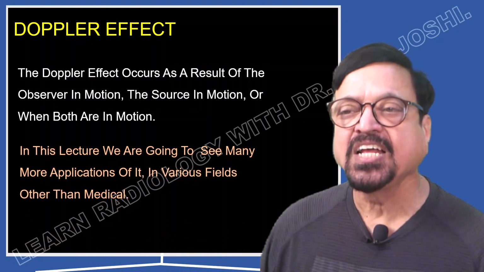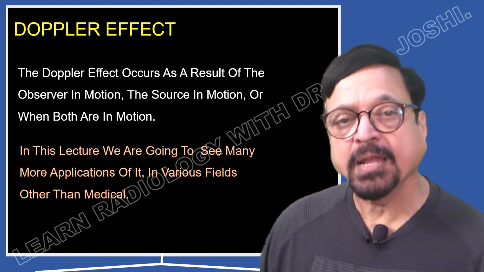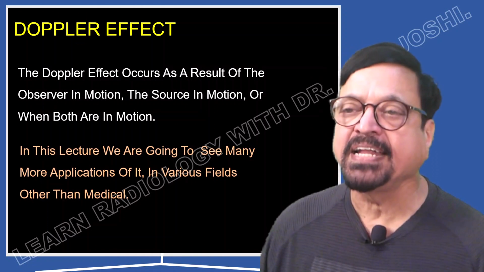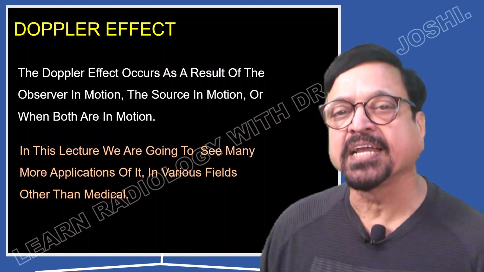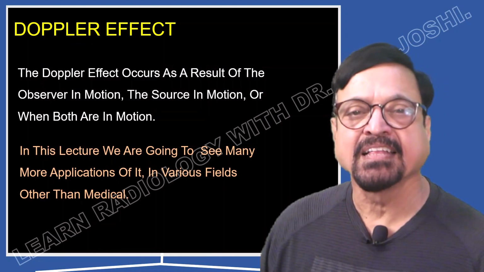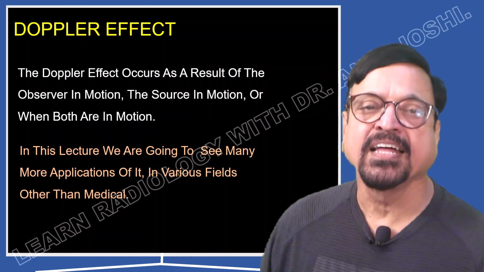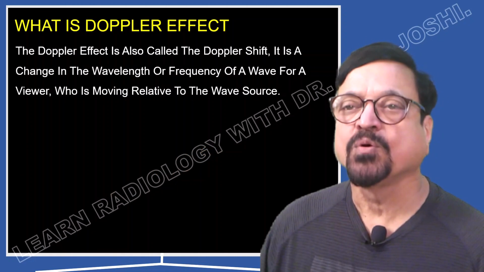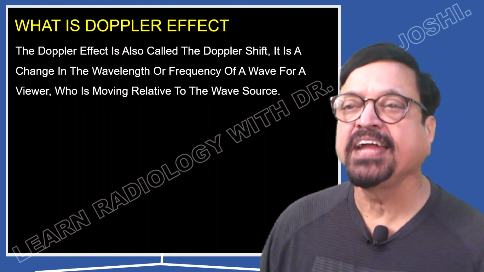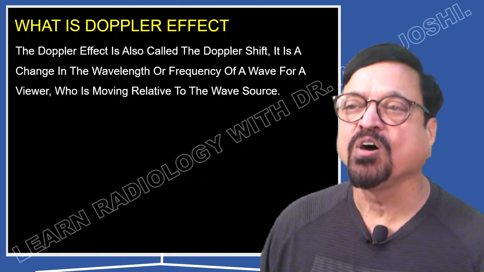Now in this lecture we are going to see many more applications, whether it is only in medical sciences or it has application in other faculties, other sciences or other places also. Now what is the Doppler effect? The Doppler effect is also called the Doppler shift.